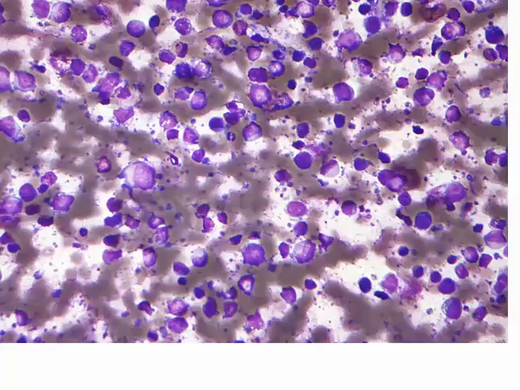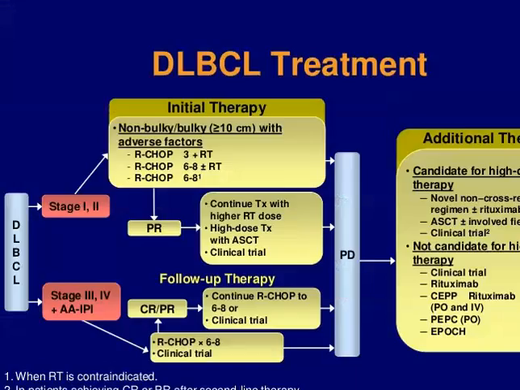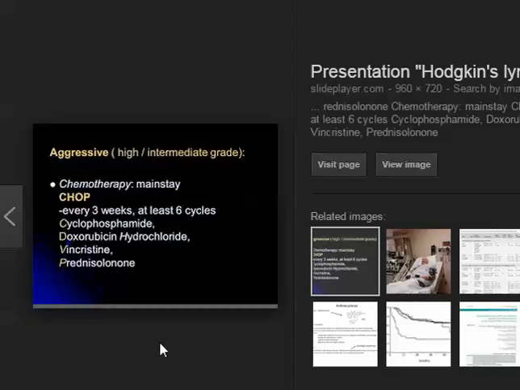I'm going to try and find some picture of CHOP. Well, I did find this picture for DLBCL treatment. Initial therapy, it shows R-CHOP, so I guess that's rituximab plus CHOP. So remember, the CHOP here is cyclophosphamide, which is the C, and H stands for hydroxydaunorubicin.